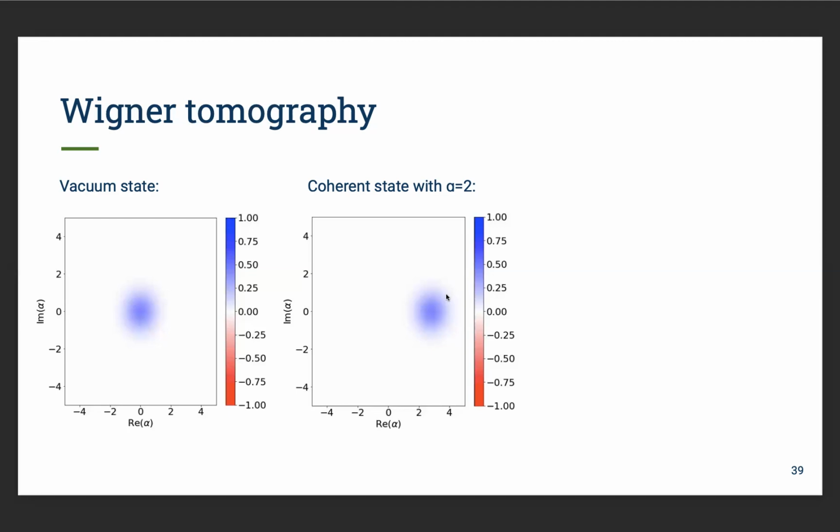Yeah. So Q-tip has this bug where your center plot, because you said alpha is 2, is actually centered at 2, but Q-tip does this weird scaling thing. Oh, that's in that direction. Oh, so it is centered at 2, but the way it plots is weird. So okay, you can read off the magnitude of the coherent state basically as the coordinate of the center of mass.